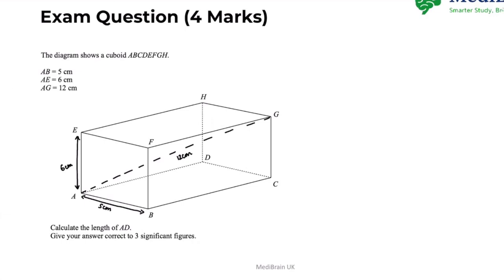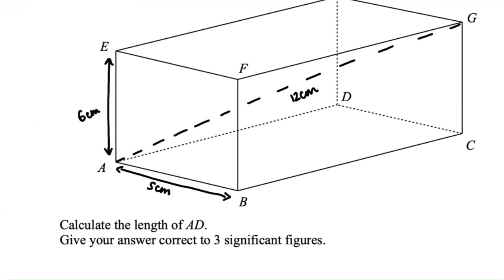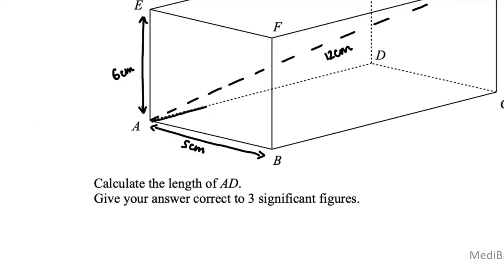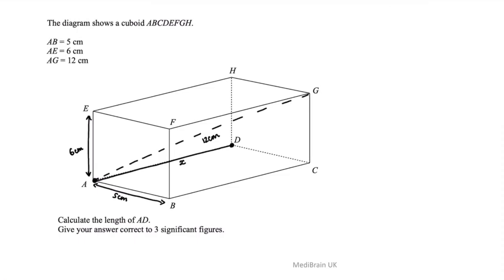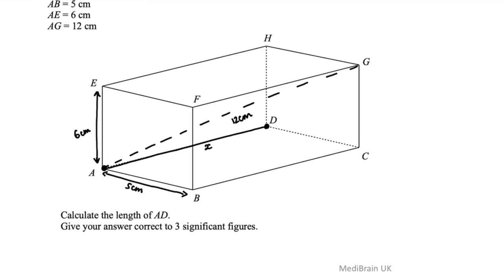We need to work out the length of AD, going from A to D. This length that I've drawn is the length we need to work out. That's going to be our x. We need to make ourselves a triangle out of this. Every time, you will most likely create the same triangle.